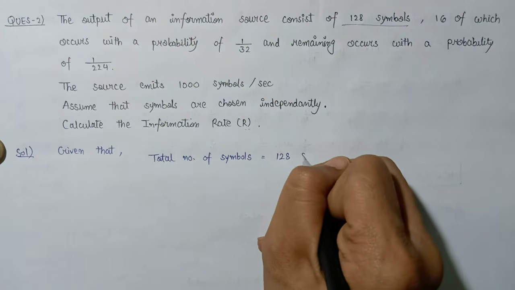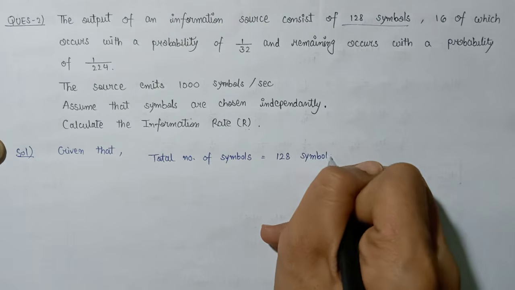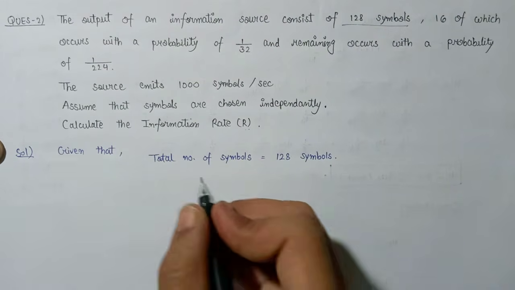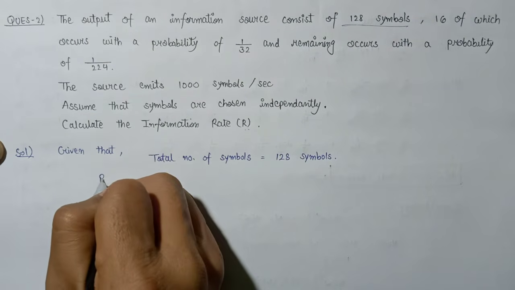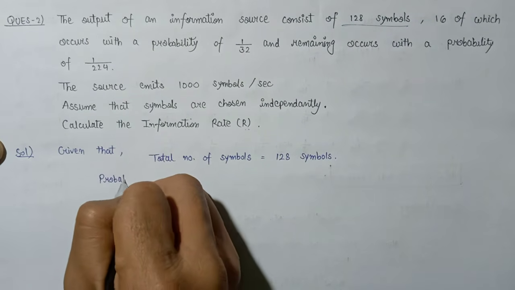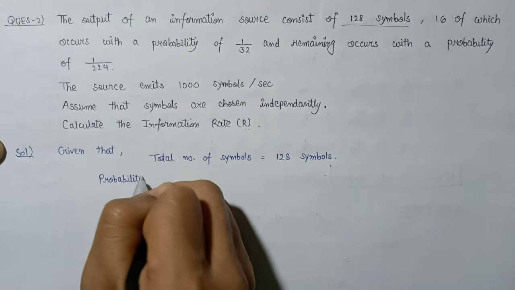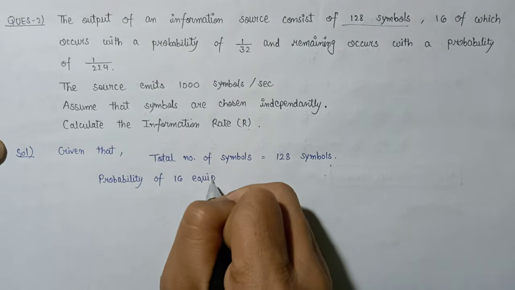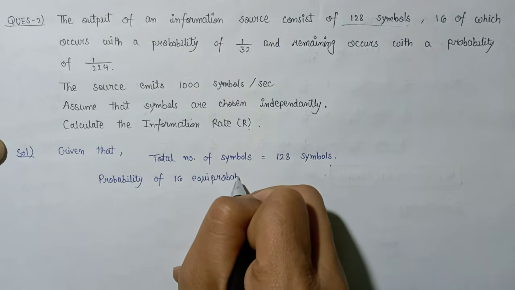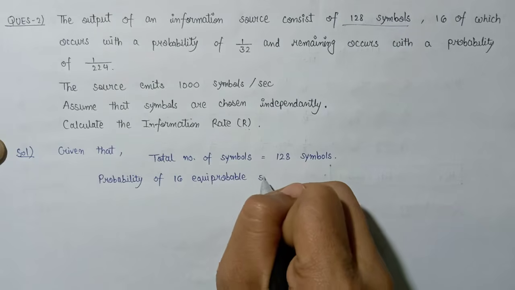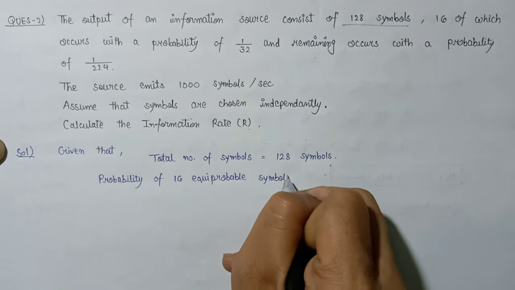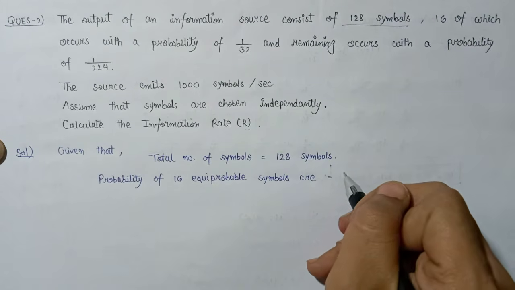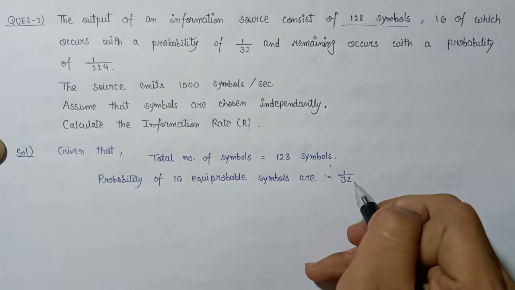Also, the probability of 16 equiprobable symbols is 1 by 32.